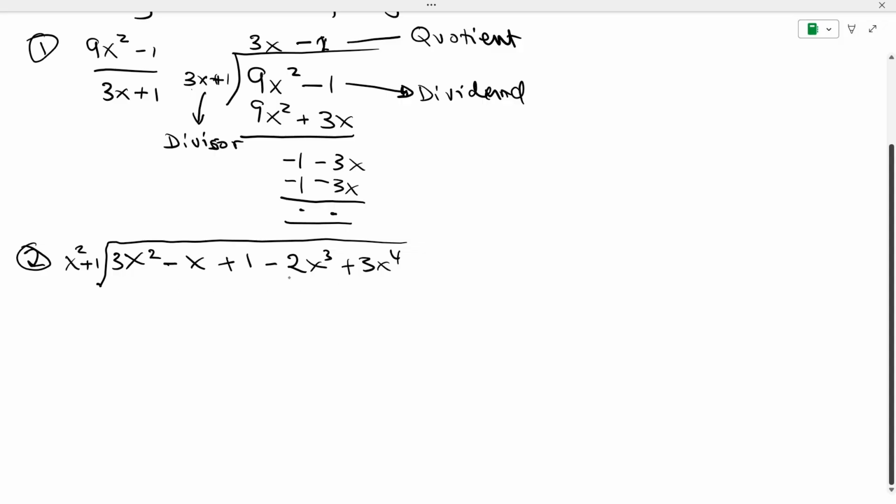So we look for the variable that has got the highest index or power, and in this case it is 3x to the power 4. So look for a value which when multiplied by x squared will give us 3x to the power 4, and that will be 3x squared. Because 3x squared times x squared will give us 3x to the power 4.